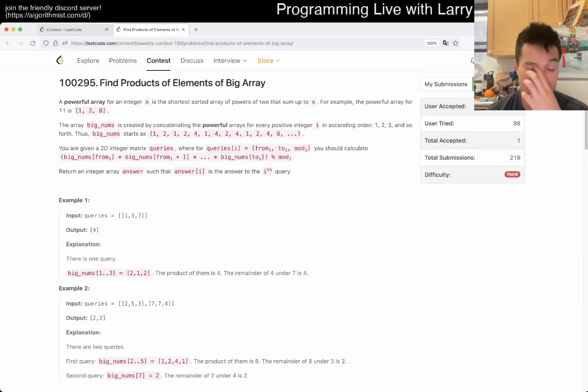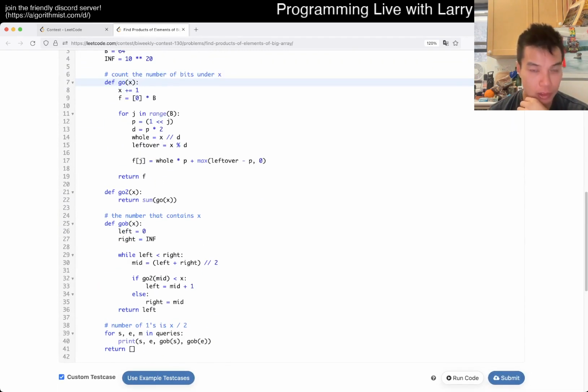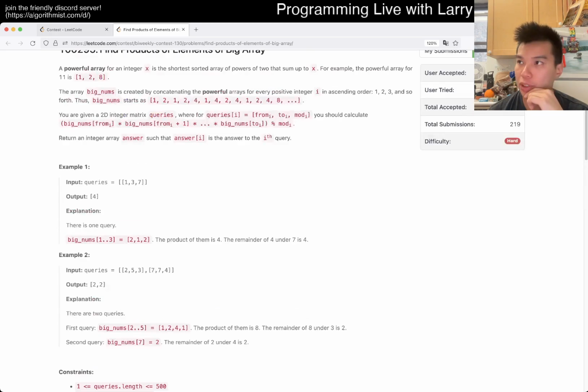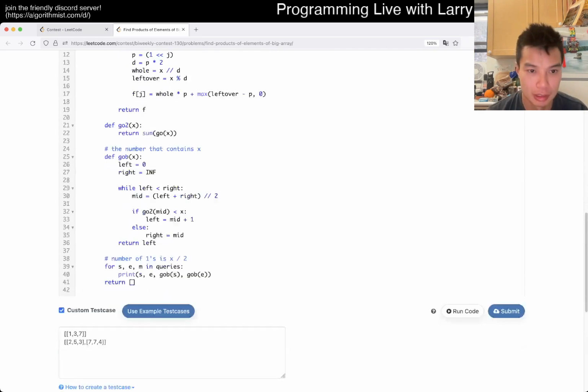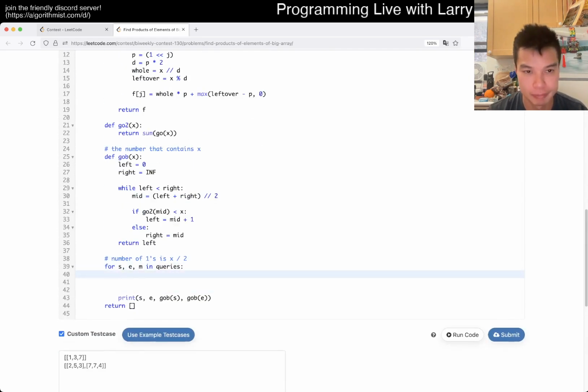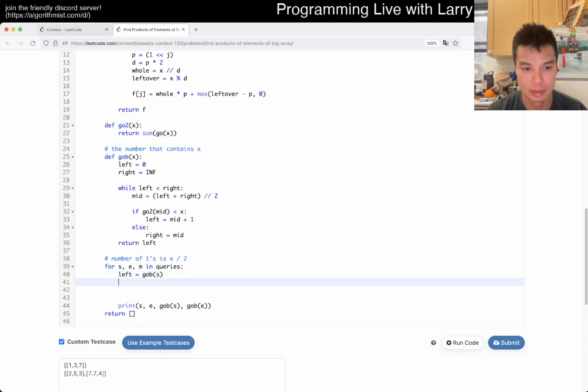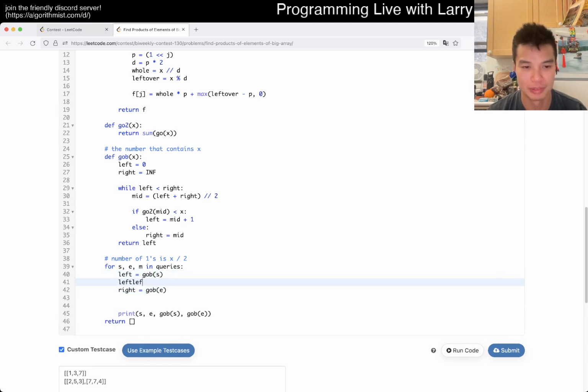How do we get X extended into a number? So okay, oh yeah, then that's just the first bits, right? So that's not so bad. Okay, fine. So then now we have left is equal to, right is equal to, and then left over is equal to S minus left.